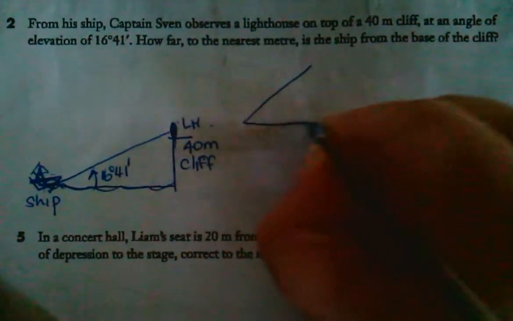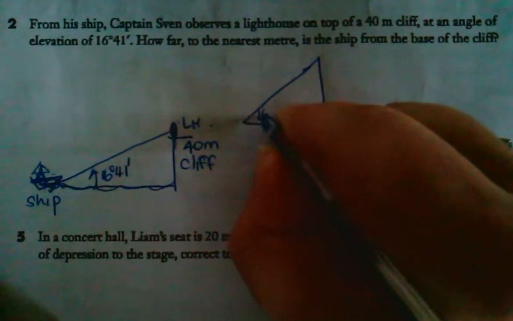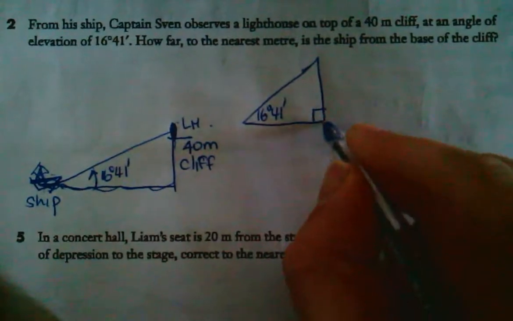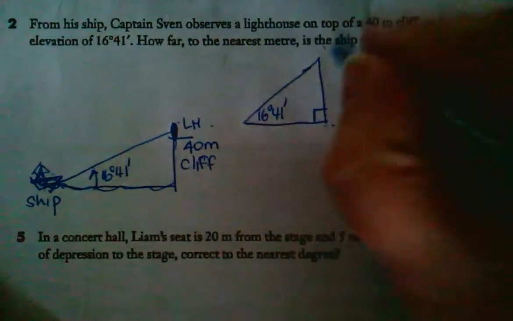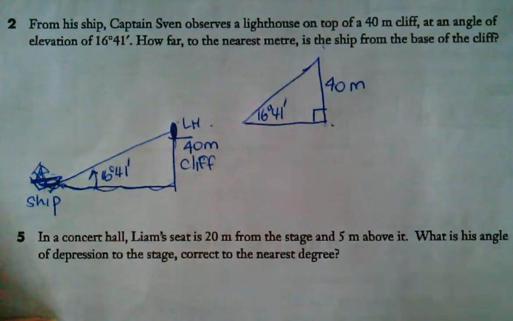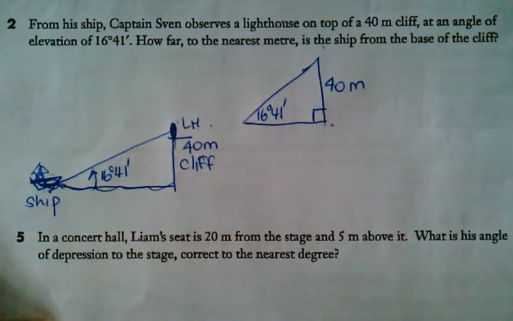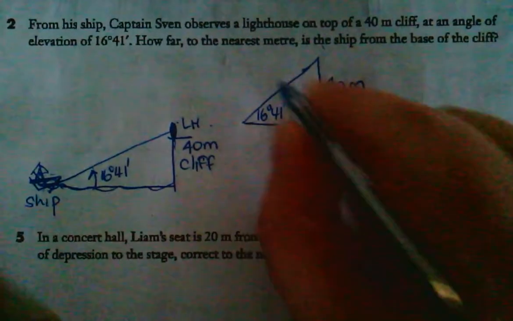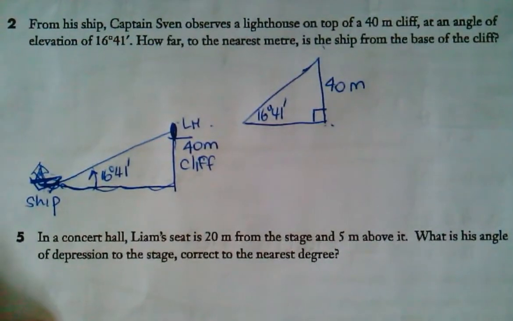I'm going to draw a nice triangle, with 16 degrees 41 minutes. You have to assume horizontal and vertical, that the cliff goes vertically upwards. That's your right angle triangle that you will use. How far to the nearest meter is the ship from the base of the cliff? Do we want this distance here or the hypotenuse distance?